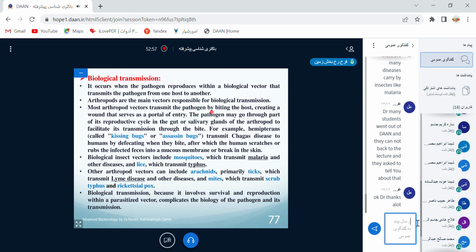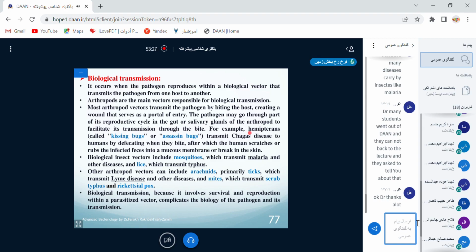Most arthropod vectors transmit the pathogen by biting the host, creating a wound that serves as a portal of entry. The pathogen may go through part of its reproductive cycle in the gut or salivary gland of the arthropod to facilitate its transmission through the bite.